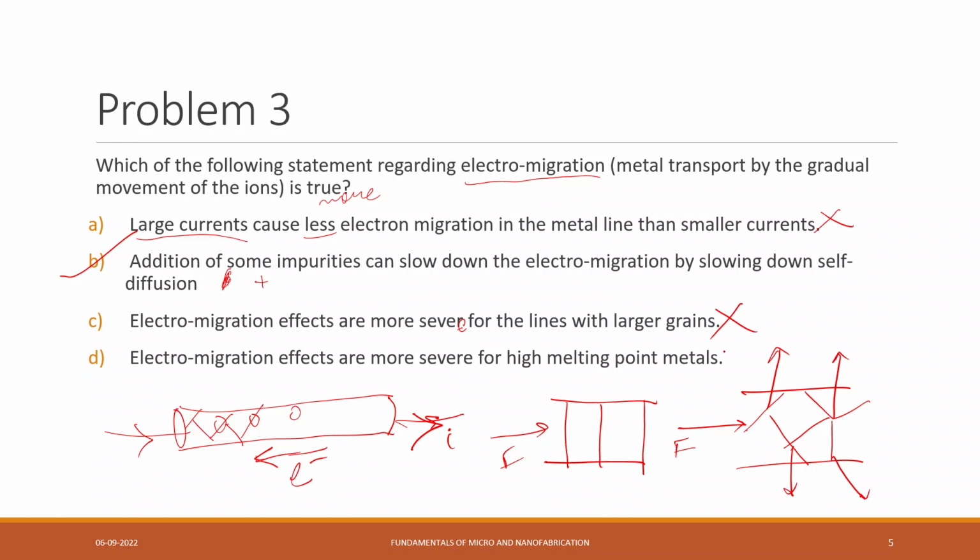Essentially, anything that has a high melting point is more stable in such a system. And you can see that aluminum, which has a very low melting point, will migrate more than other materials like copper. So that's why it is correct.